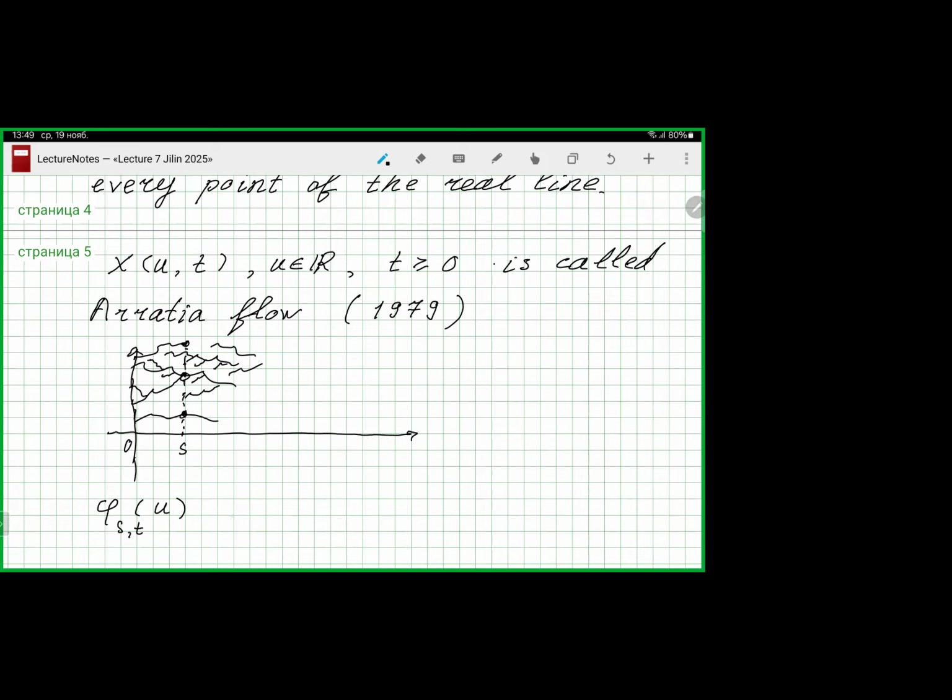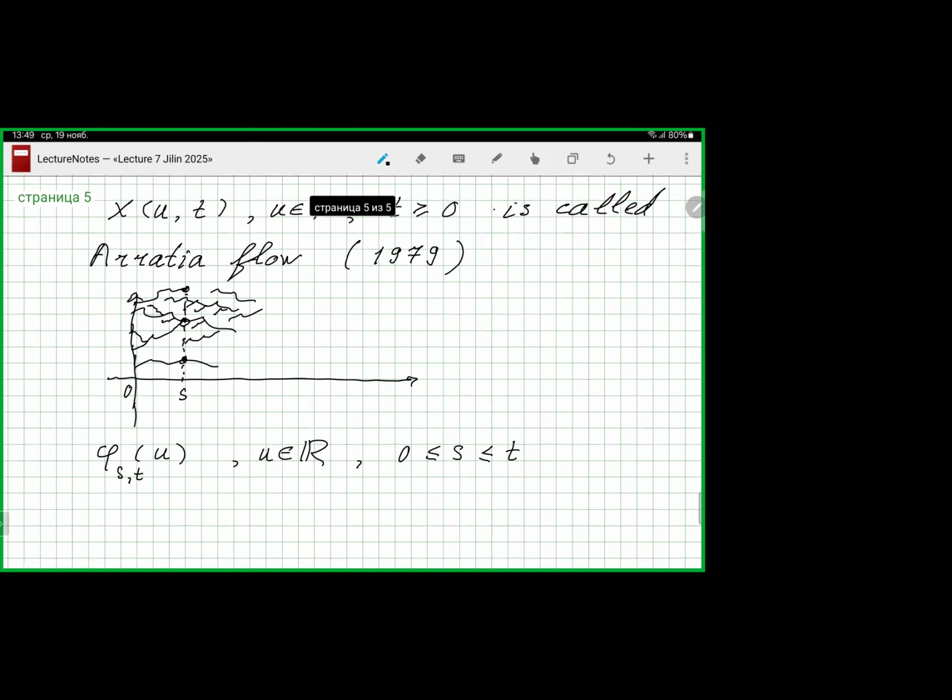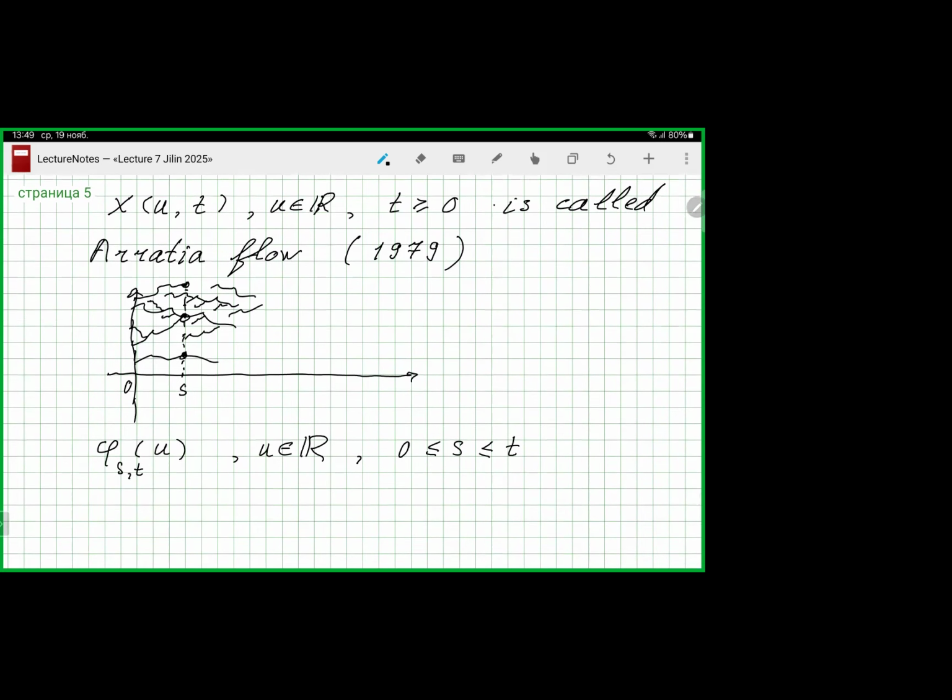Here, u belongs to R is a starting point, s is a starting time, and t is the current time. And this phi has good properties.